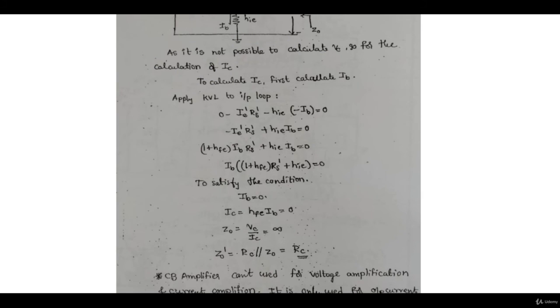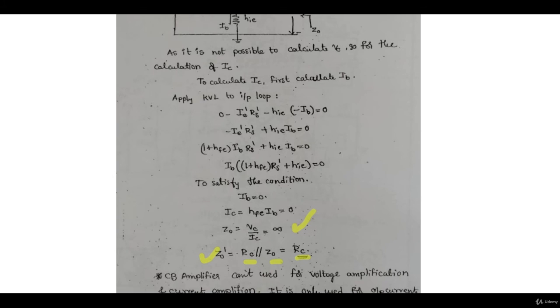But if you take the external output impedance Z0 dash, it will be RC in parallel with Z0, which is RC. So just next to the transistor on the right-hand side, the output impedance will be very high, ideally infinite, but at the output the external output impedance will be equal to RC. So it has very low input impedance and very high output impedance.